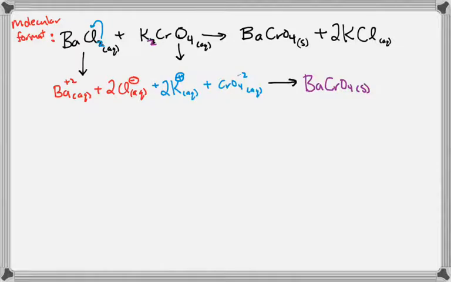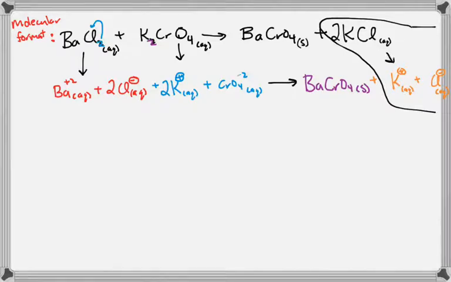Can't touch it. Okay? We then move to the next species, which is our potassium chloride, which will break into potassium ions, which are aqueous, and chloride ions, which is aqueous. I apologize for running out of space here. We do still have to make sure our equation is balanced. So what we're looking at is this new equation here. Okay?